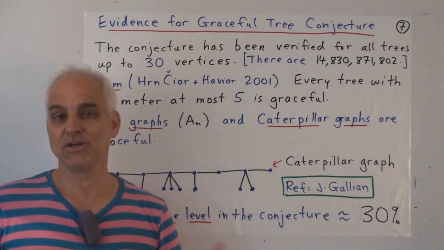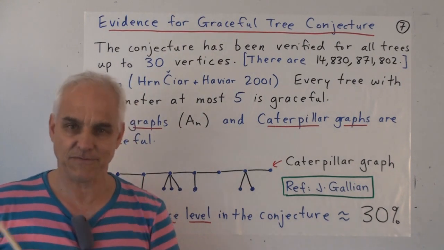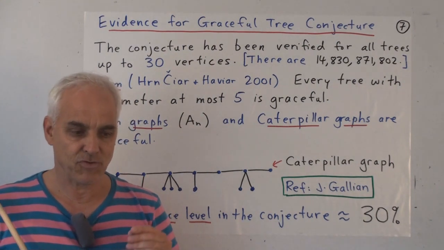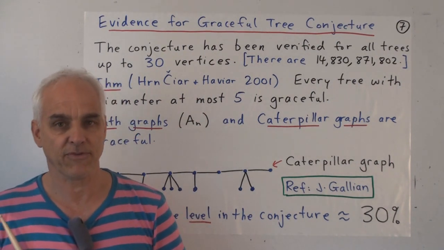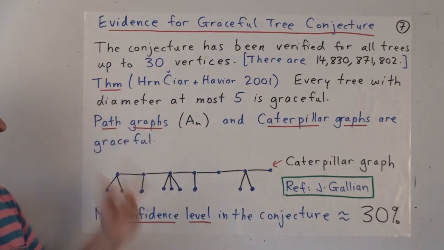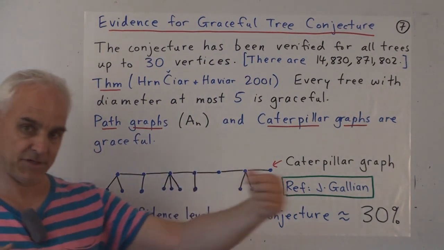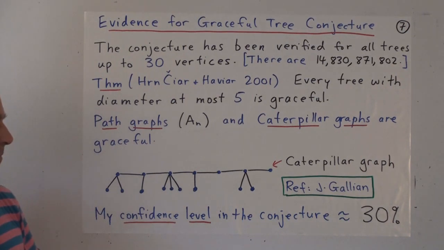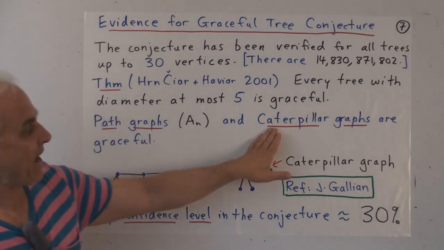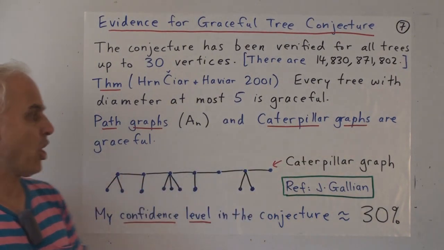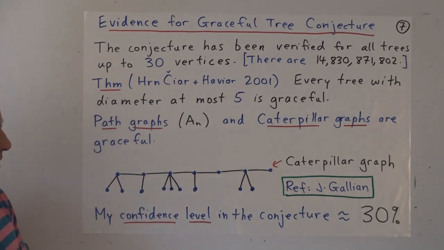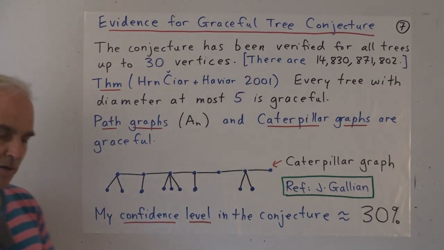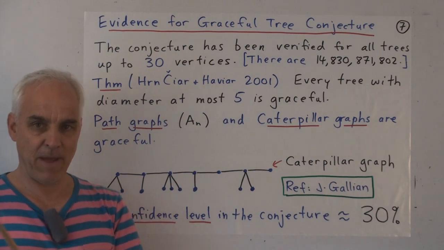And then we have a whole bunch of results about particular kinds of trees, trees with very special properties. For example, we know that path graphs, the A_n graphs, just strings, are graceful. More generally, we know that caterpillar graphs are graceful. What are they? Well, they're a little bit of a modification of a path graph.